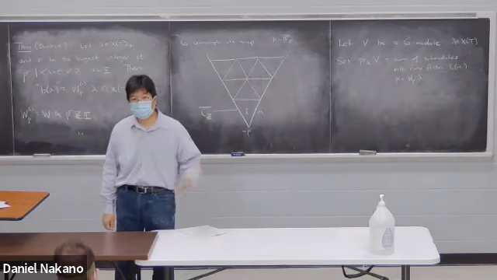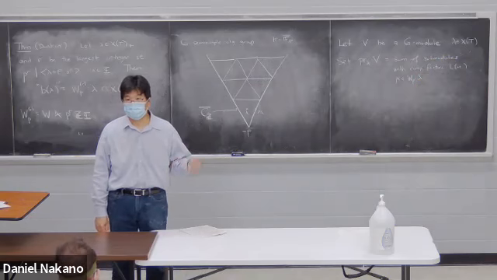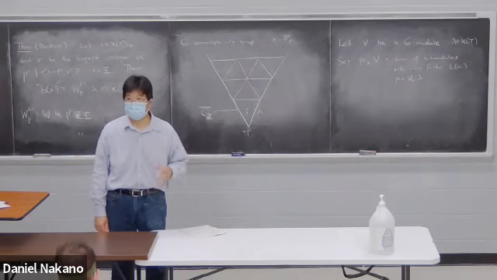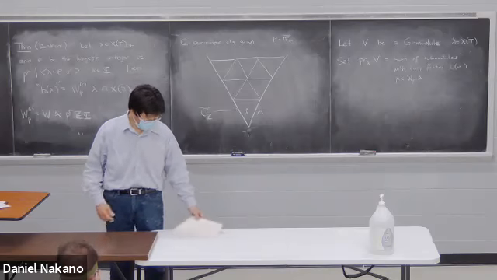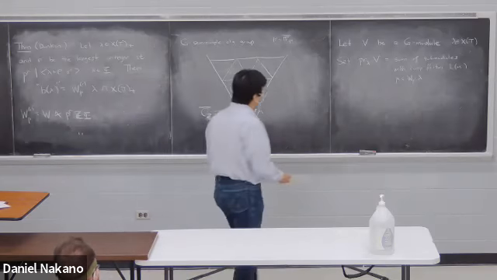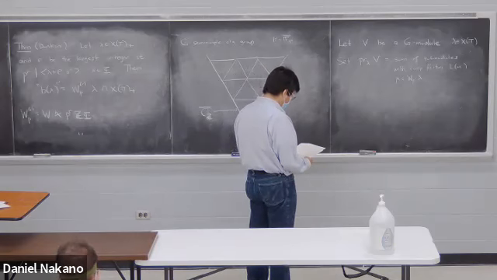So lambda can be any weight you want. You just look at the W_p orbit, and then you look at the dominant things in the W_p orbit and see which ones apply. Okay, great.